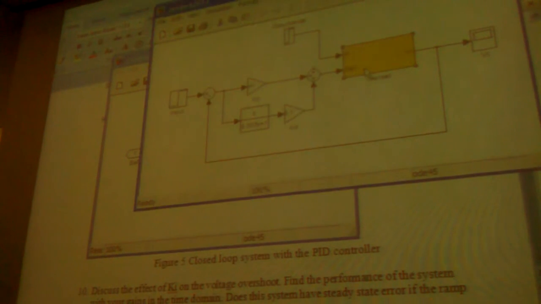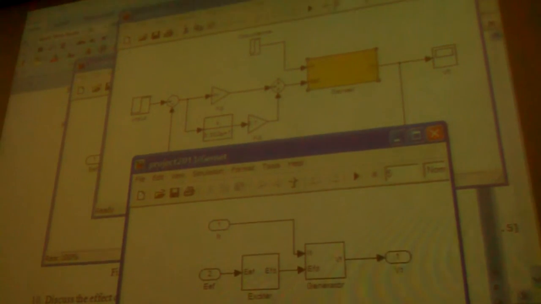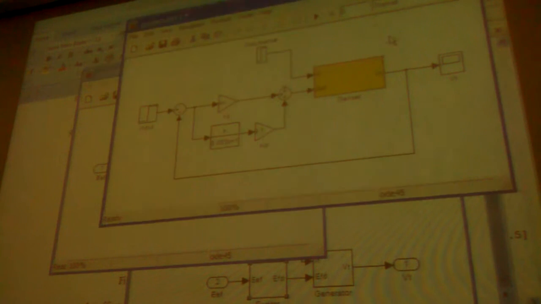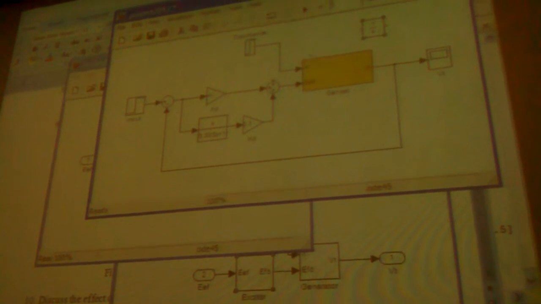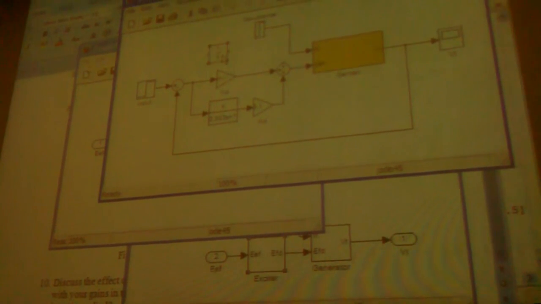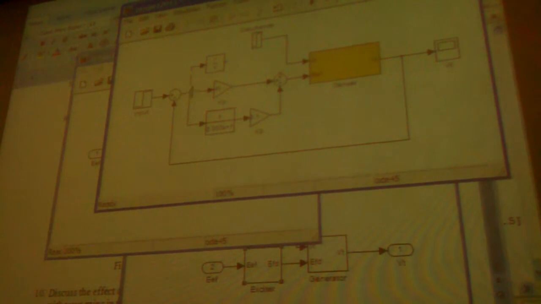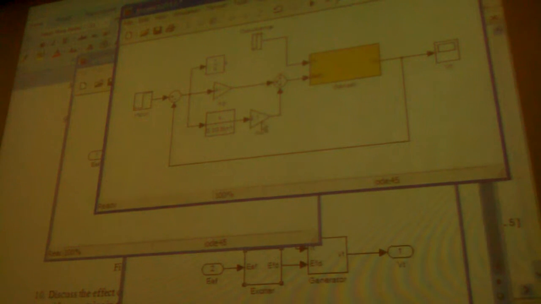For the class example, we found that KD needed to be 5. It's like 0.1 right now. Probably 5 will work too, I believe. So I'm going to have the integrator: the error goes through the integration of this.